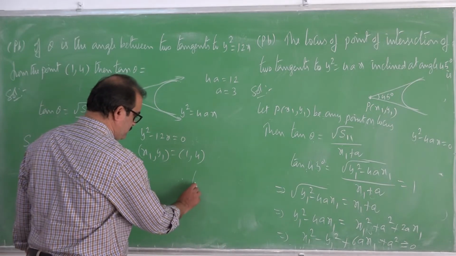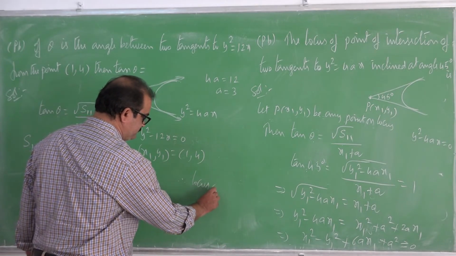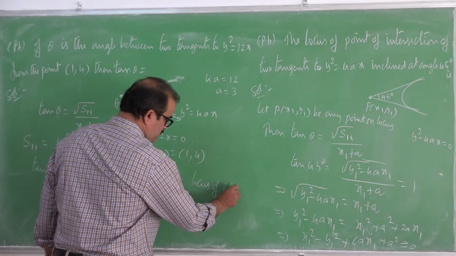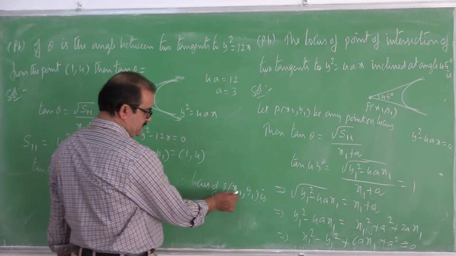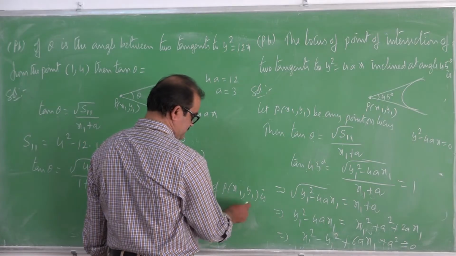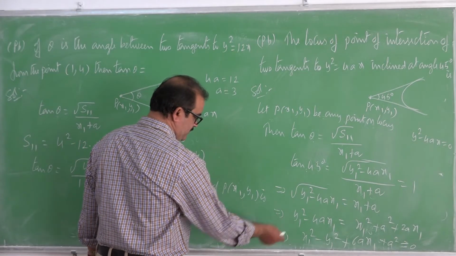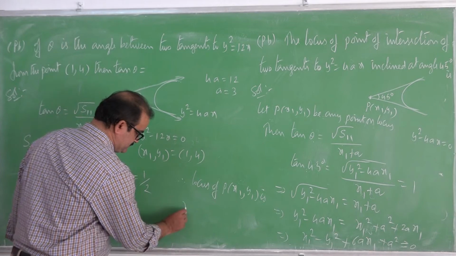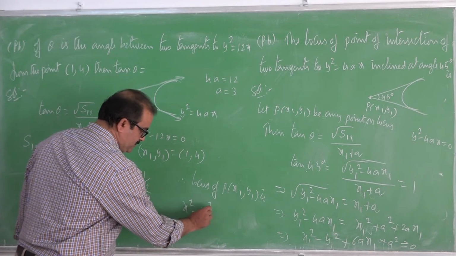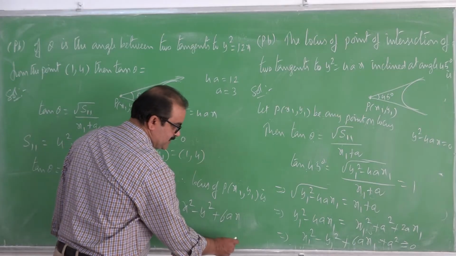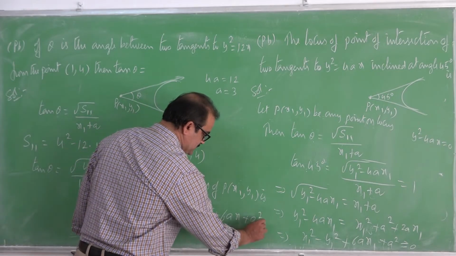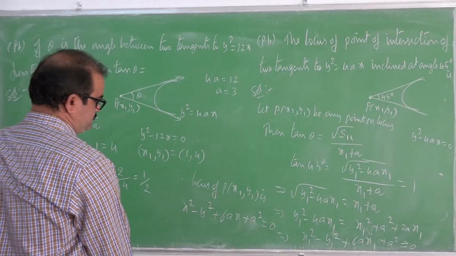Therefore, locus of the point is, in place of x1 you write x, in place of y1 you write y to find the locus. It becomes x square plus y square plus 6ax plus a square is equal to 0.